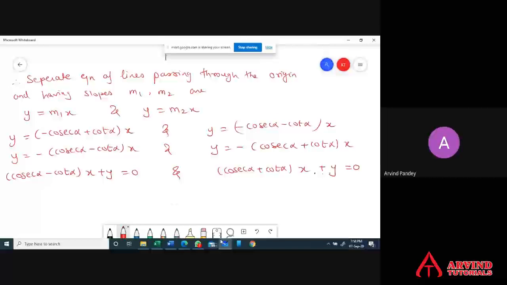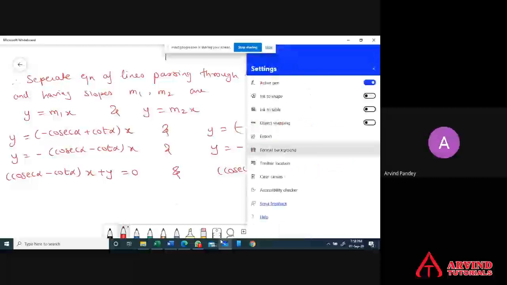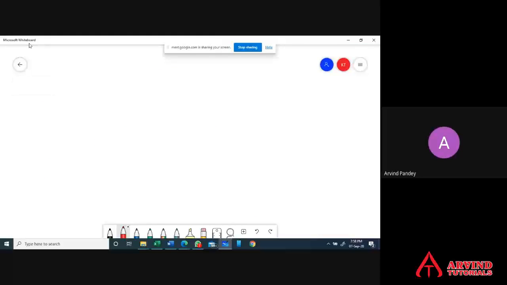This is the 7th question. See, in your 7th question, you are given x square plus 2xy tan alpha minus y square equal to 0. Same, you have the trig function. So your first step will be dividing both sides by x square.